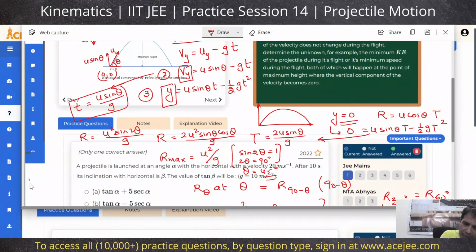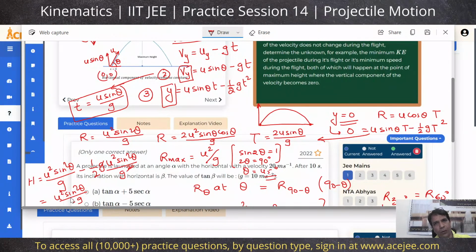Maximum height is u square sine square theta by g minus half g t square, so u square sine square theta by g square. I'm going to cancel this. So we get u square sine square theta by 2g.